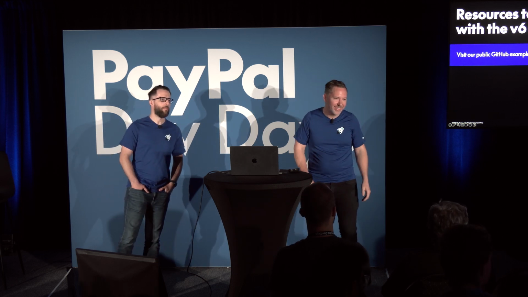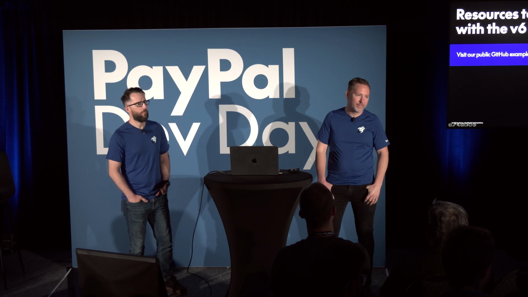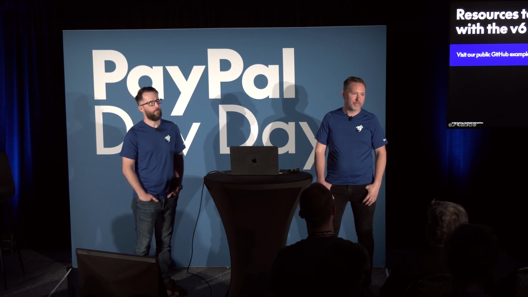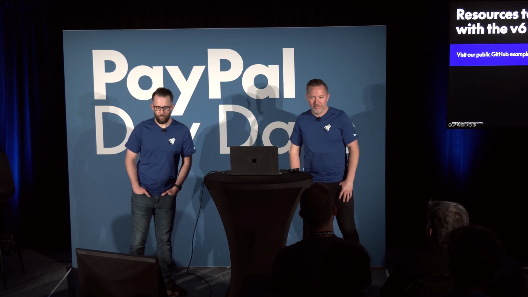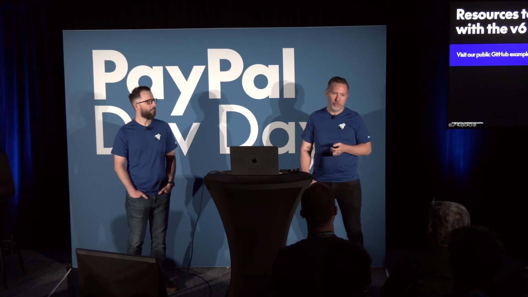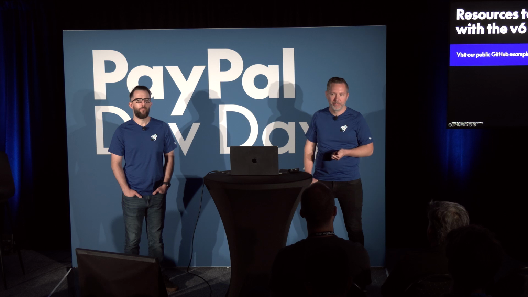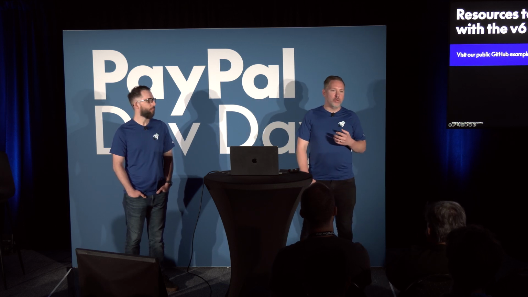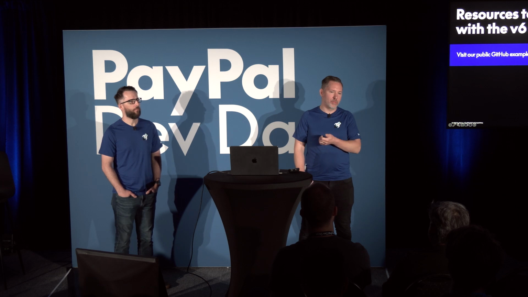Yes? Can you talk a little more about the public API call to do the eligibility? Like, how does that actually work? How is it public and still secure at the same time? So great question. Tell me more about this new payments eligibility API. How is it secure? How is it public? So as a merchant, you can consume this API just like you would with the orders API.